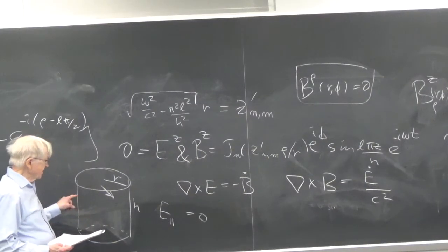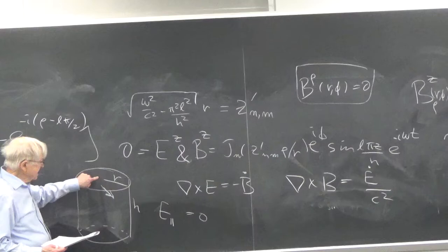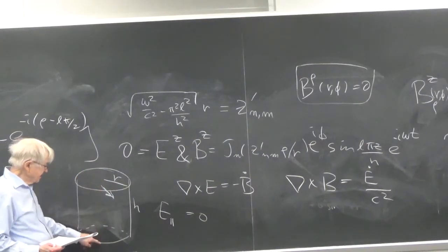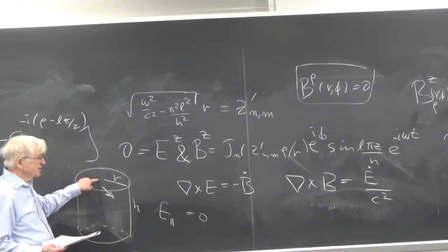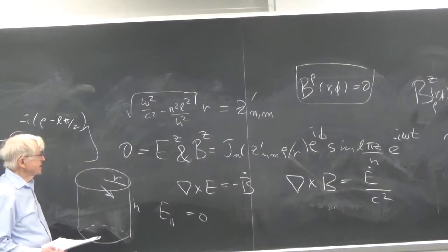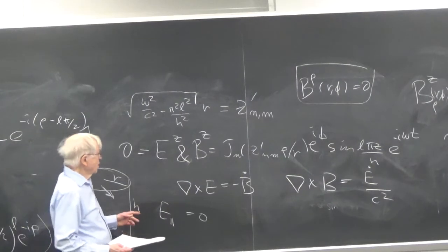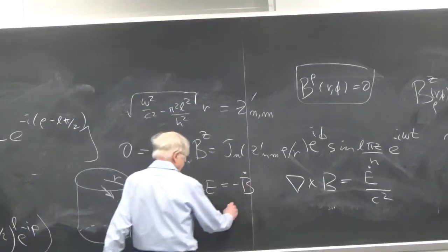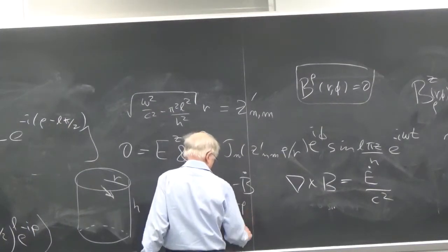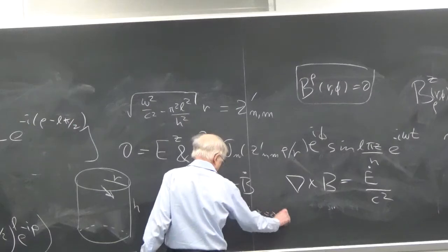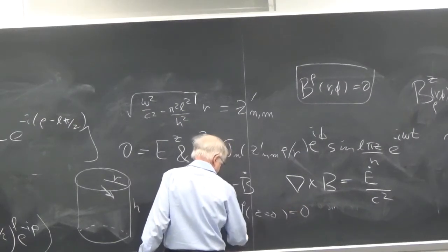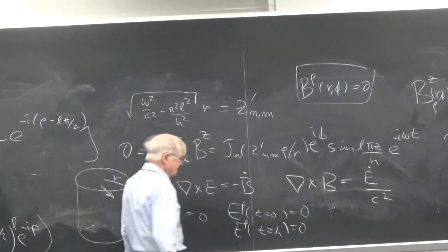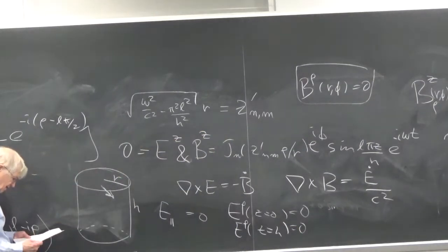So we have to verify that E rho is equal to 0 when Z is equal to 0 or H. And so that means we need to figure out what E rho is at Z equal to 0, because it's supposed to be 0, and E rho at Z equal to H is also supposed to be equal to 0. So we have to prove that.